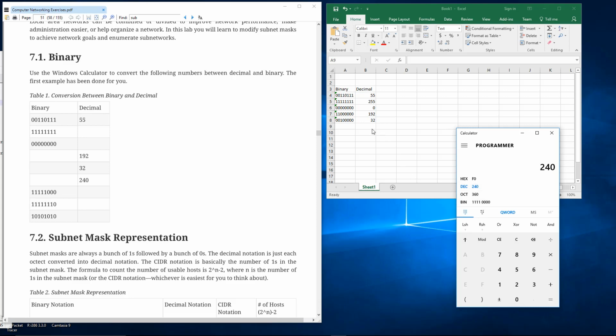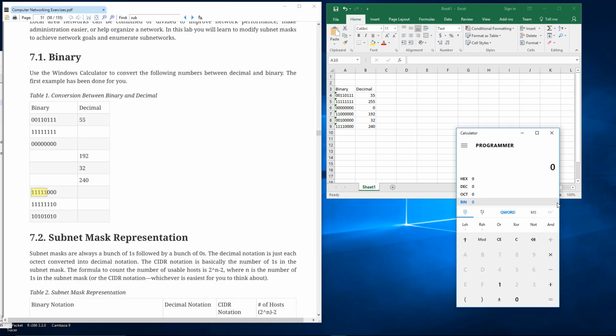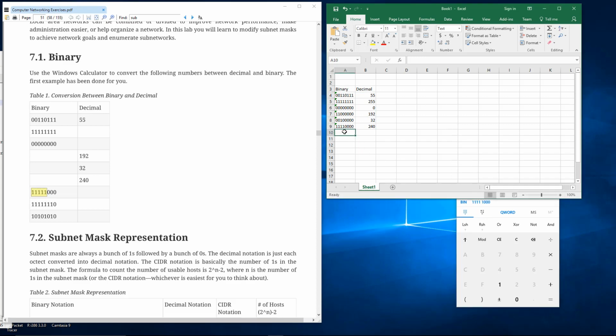That's 4 ones followed by 4 zeros. Good. So what if we're given a binary of 5 ones followed by 3 zeros? Let's take a look at what that would look like. So I select binary, 1 2 3 4 5, 1 2 3. The decimal is 248.